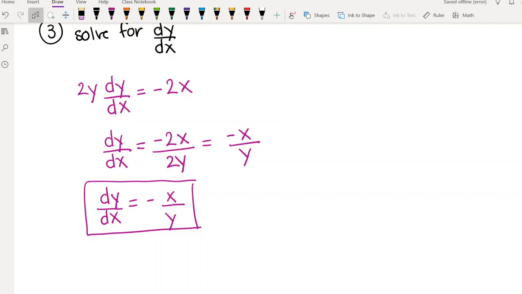So just like with regular derivatives, the derivative of an implicitly defined curve tells you the slope. Let me write this down.